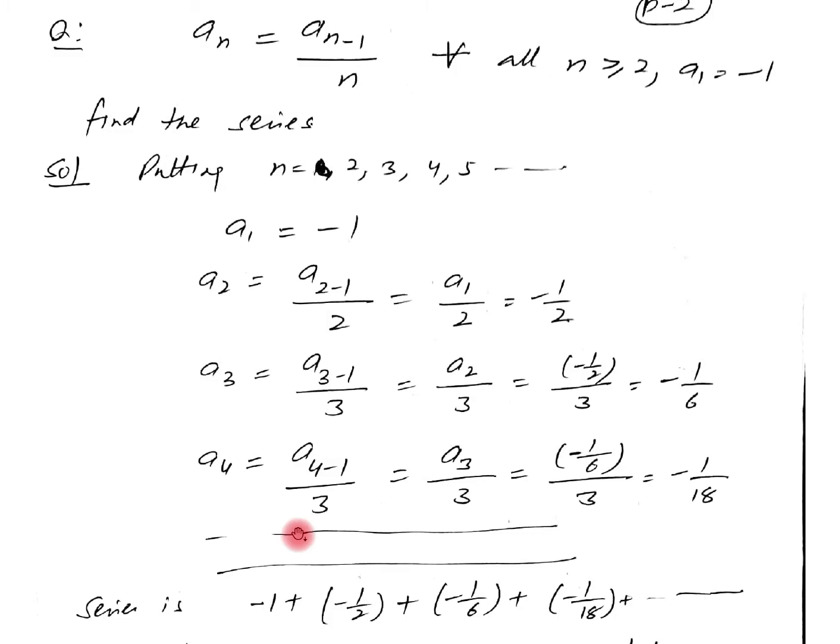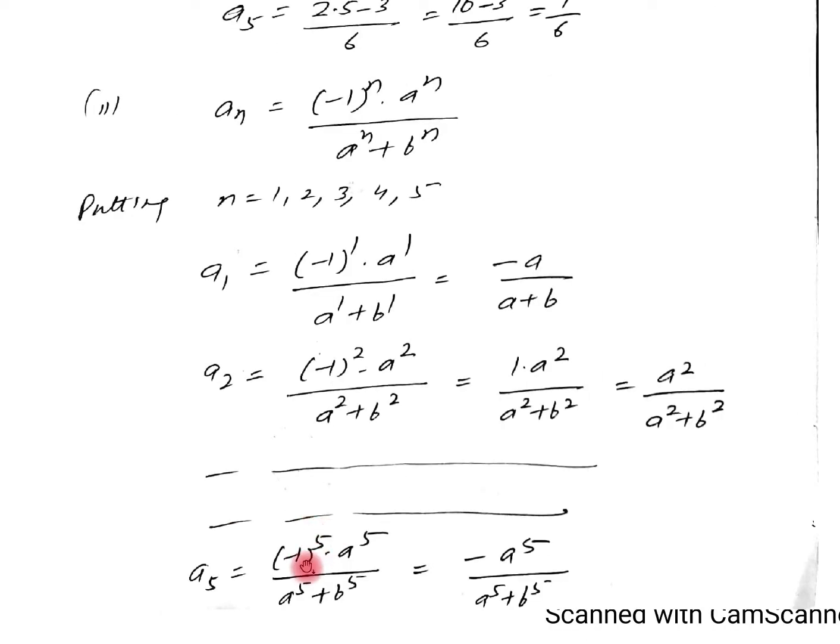Putting n equal to 5, we are getting (minus 1) whole power 5 into a raised to power 5 upon a raised to power 5 plus b raised to power 5. Again simplifying it, we are getting a5 equal to minus a raised to power 5 upon a raised to power 5 plus b raised to power 5.